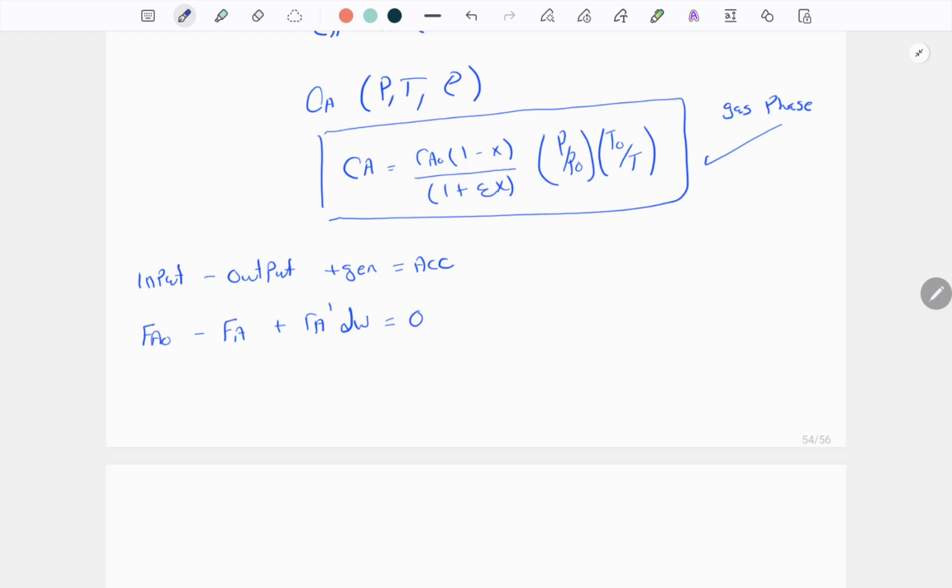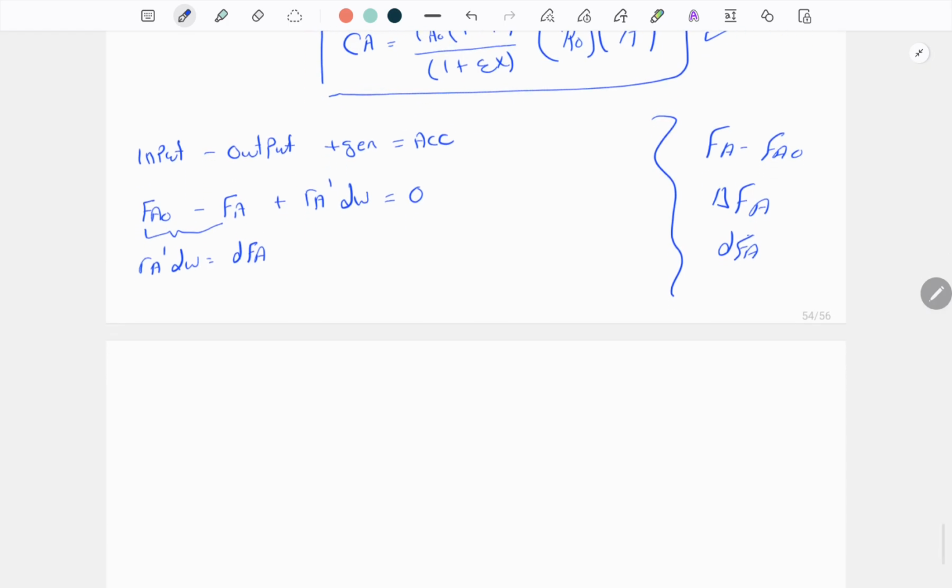The accumulation equals 0 because we're assuming steady state. We'll go ahead and solve for dW, and that will equal dFA. We move these two terms to the other side, which gave us FA minus FA naught, which can also be written as change in FA, or dFA.